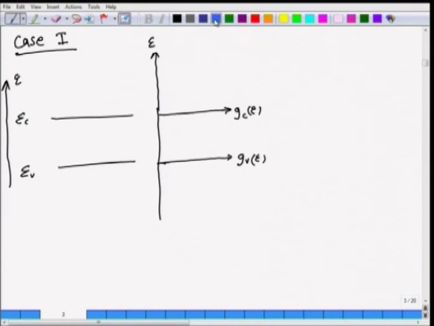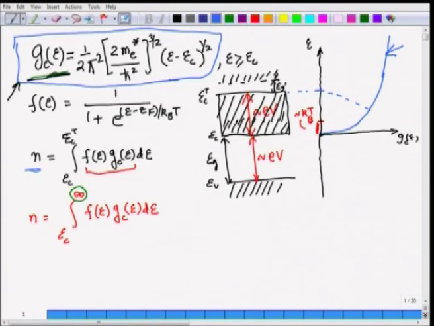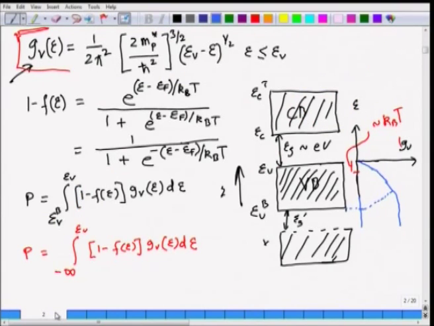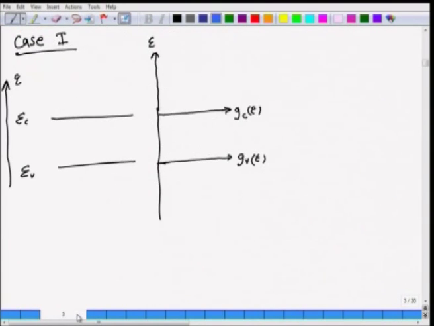What do they look like? I have already plotted them on the previous slide. I will reproduce this solid blue curve, disregarding this dotted portion, and I will justify why the solid blue curve was fine. Similarly for G_V, I am going to plot this solid blue curve here for the same reason.